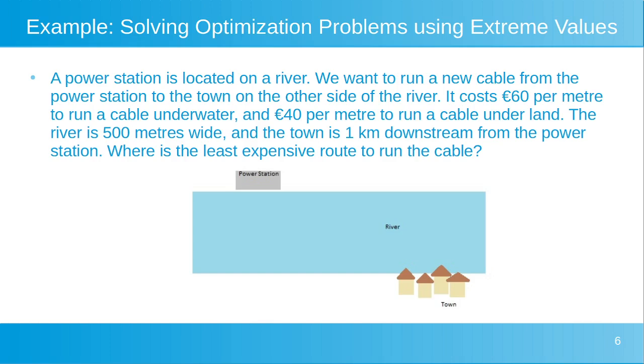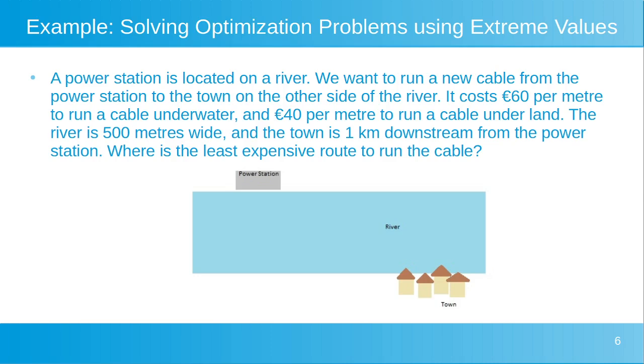Initially we can just look at the chart and read the problem, and we can see that there's probably a few different options or tactics we could use here. When we look at the cost per meter, it looks like it's most expensive to go underwater.